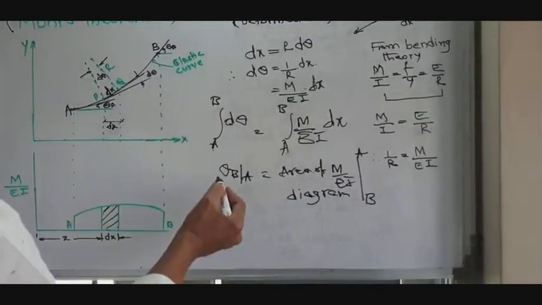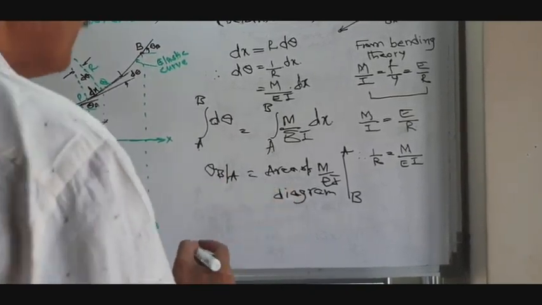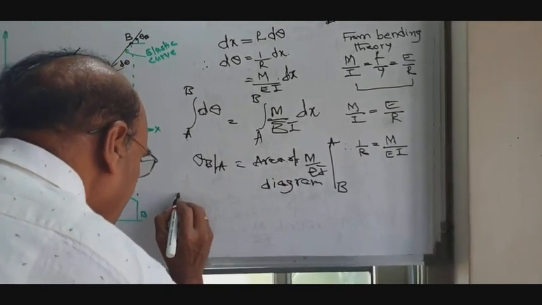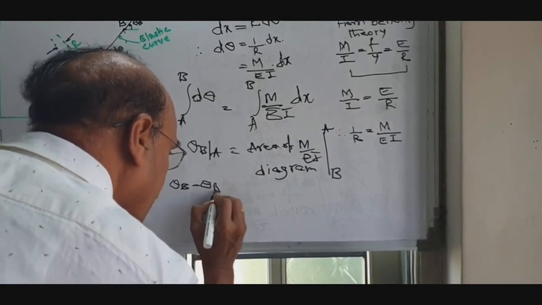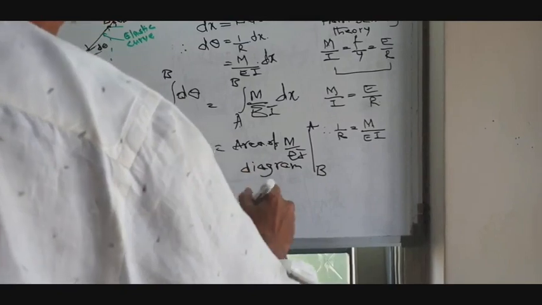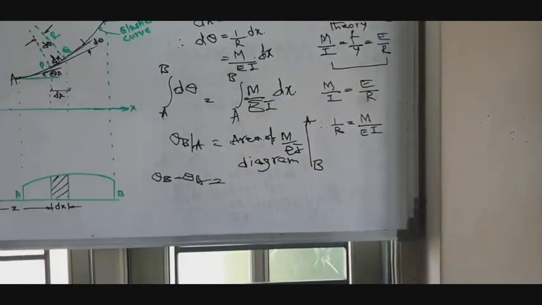Now if you integrate this, you get the change in slope between the points A and B. Even you can write it like this: the change in slope means theta B minus theta A. This is again the area of the M by EI diagram between the points A and B.